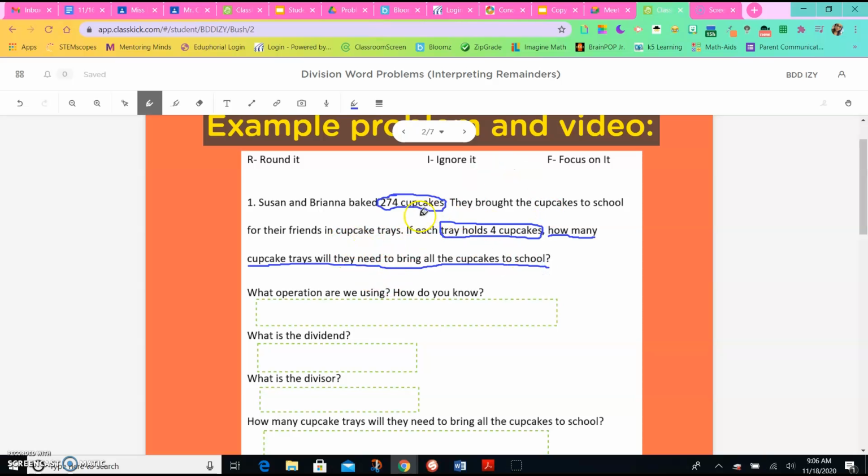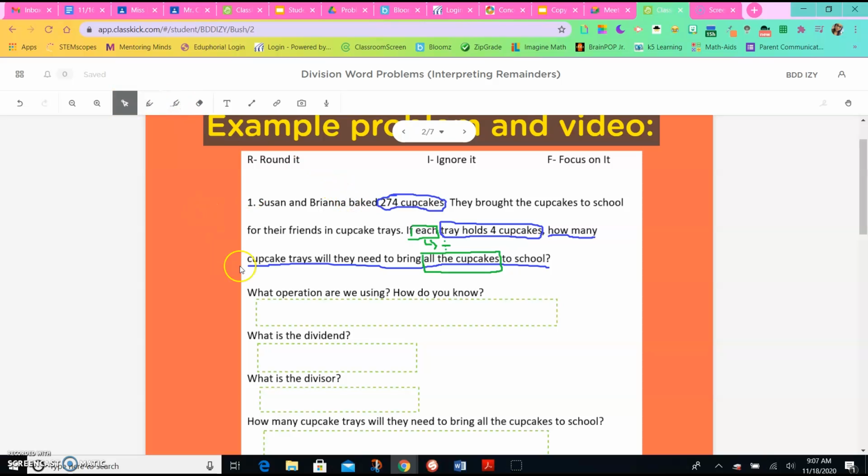Now I need to box in some important words. So one of the big important words here is each. And because we have our total, I'm going to be dividing. And I also need to be able to bring all of the cupcakes to school, so I can't leave any out.